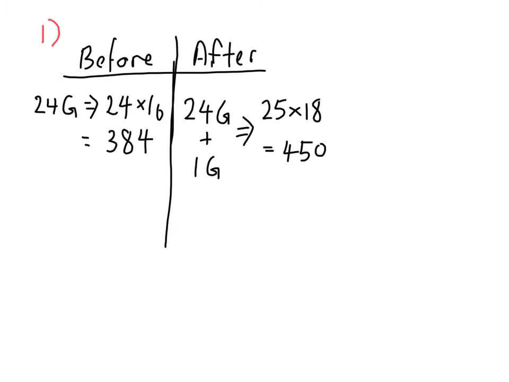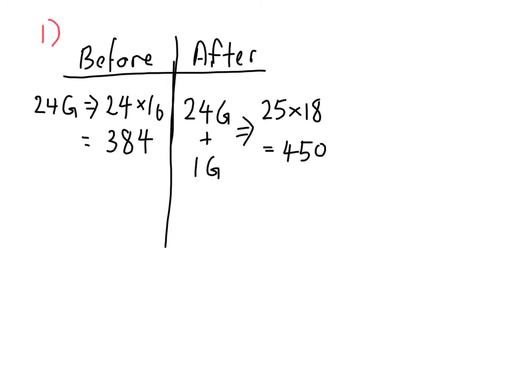Okay, so how many children are there in the last group? Are you able to find? 66. Aaron, how to get 66? 24 groups is 384, right? When this group joins in, it becomes 450.